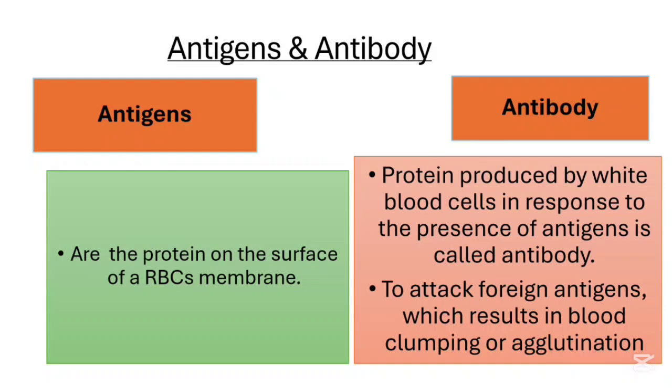The main function of antibody is to attack foreign antigens, which results in blood clumping or agglutination. Clumping means the clotting, or coagulation, of blood.